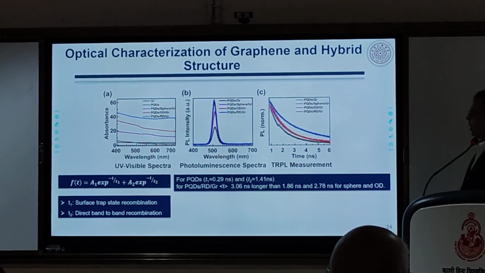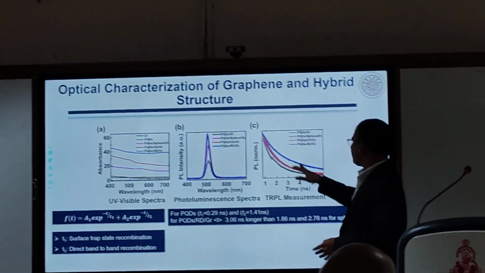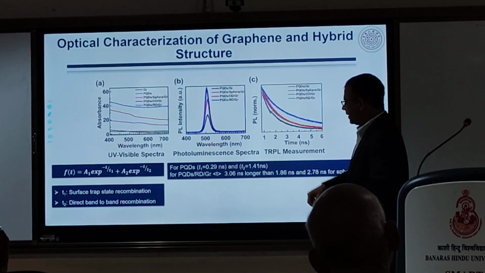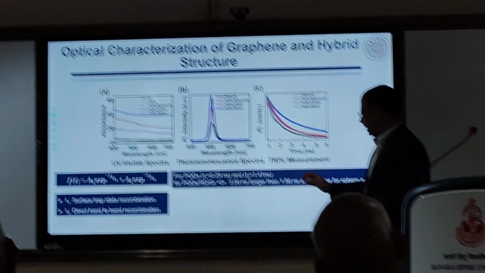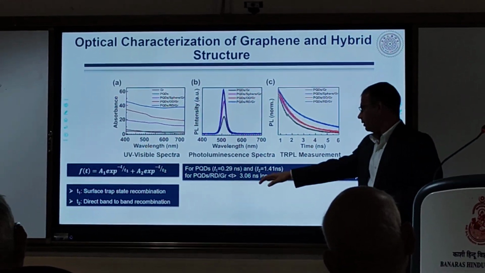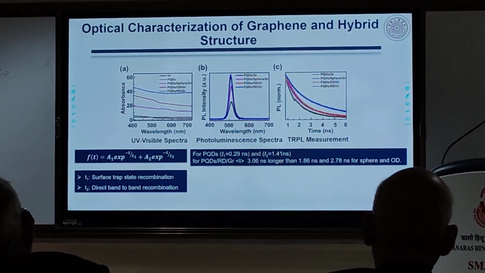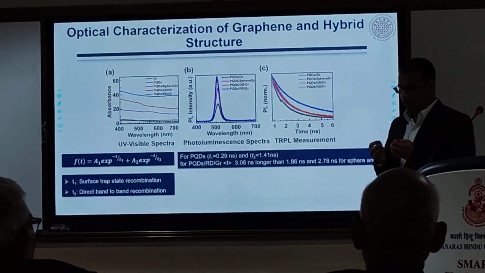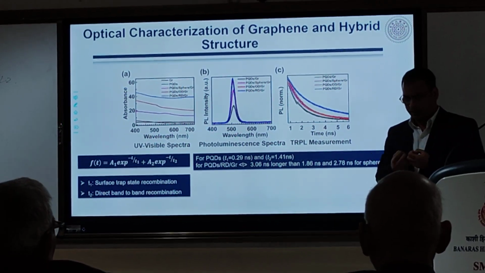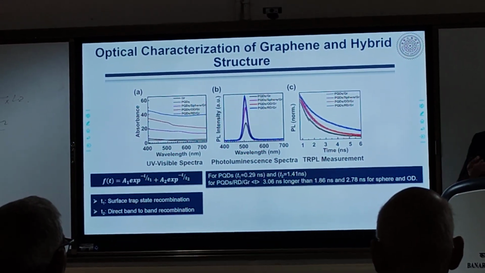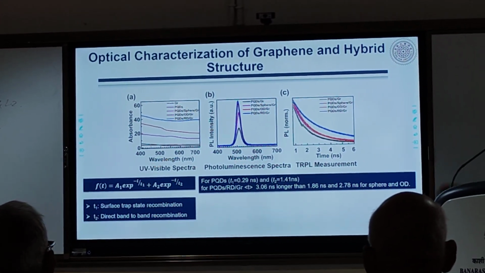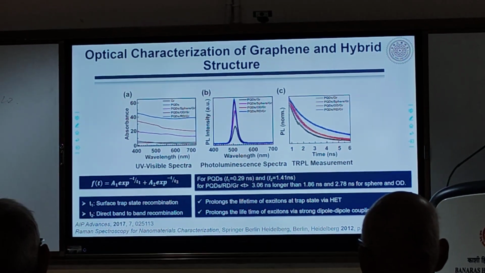We have calculated this for all three combinations and found that for a particular combination we get a longer average lifetime of the excitons. If you have a large lifetime of the excitons, you have a high probability to extract them with the applied bias, and you can get more current compared to the other combinations.